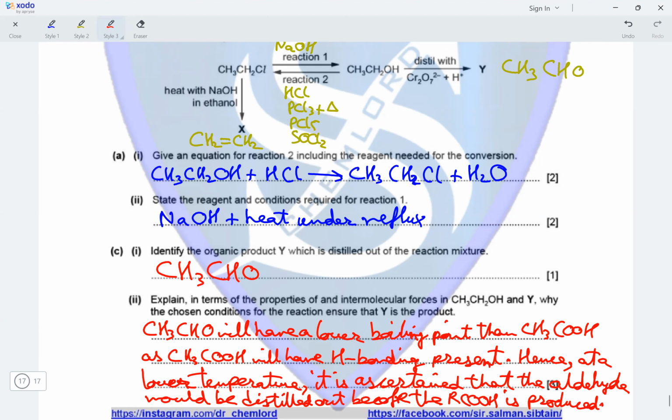So, the aldehyde would have dipole-dipole attractions present, which are weaker intermolecular forces than hydrogen bonding. So, the aldehyde would have a lower boiling temperature.